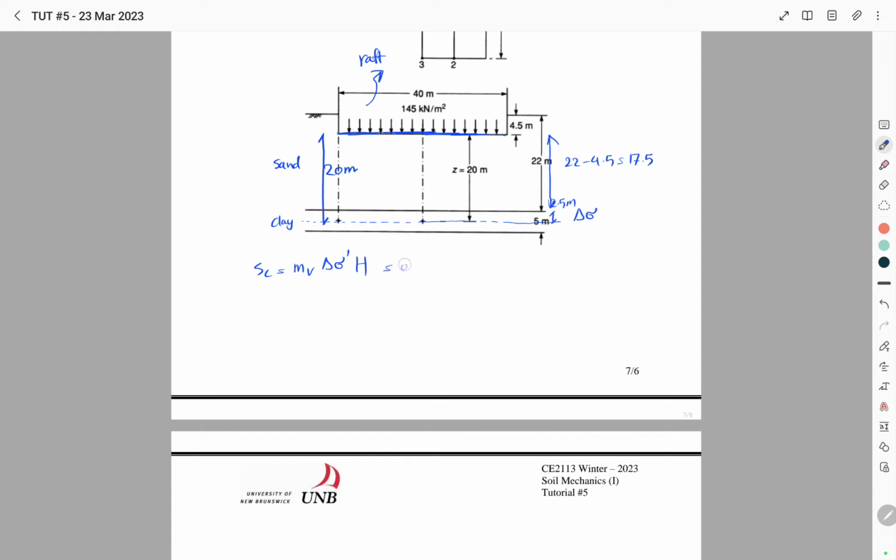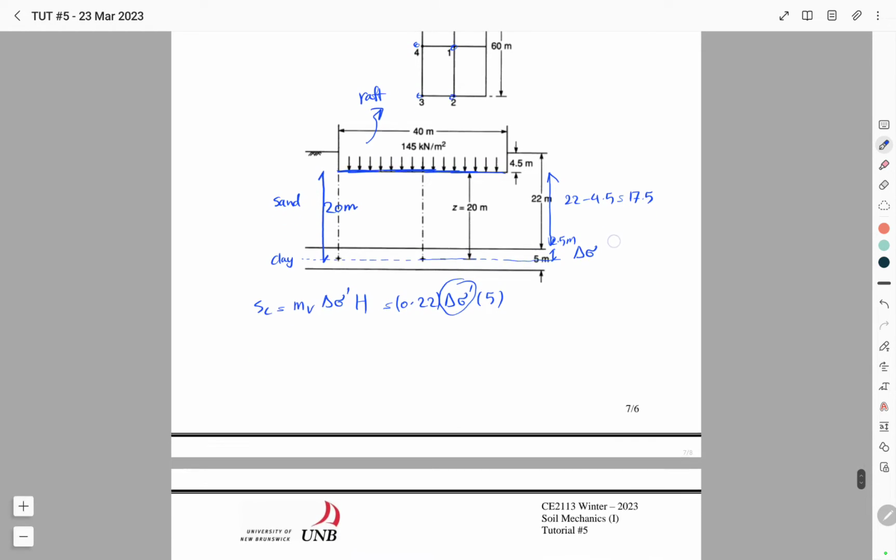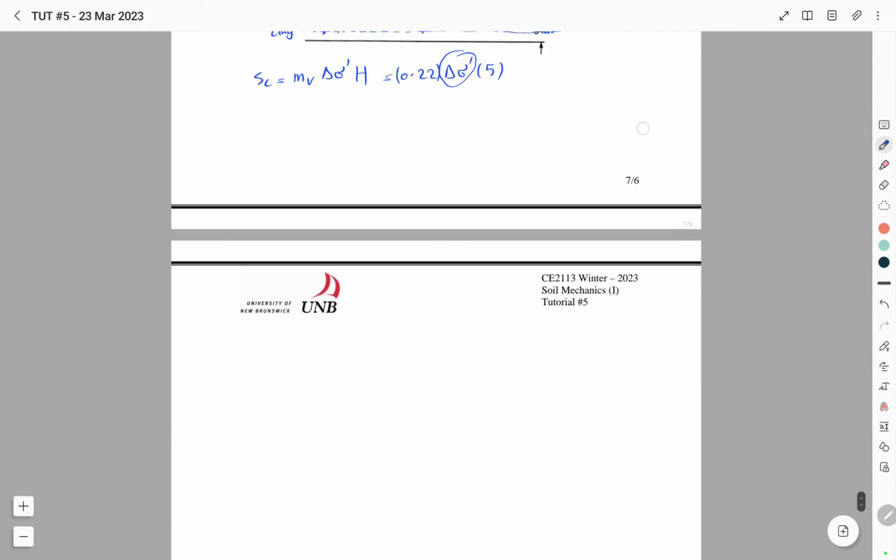So it's delta sigma prime times 5. So the only value that we need to calculate is this delta sigma prime for each of these 4 points, and I'm going to explain how to do it.